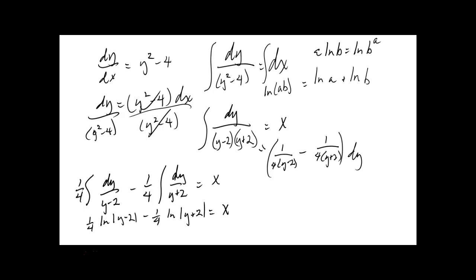That is a rule of logarithms you remember. And the log of a quotient is the difference of the logs. Log of A over B is equal to log A minus log B. Remember that one?